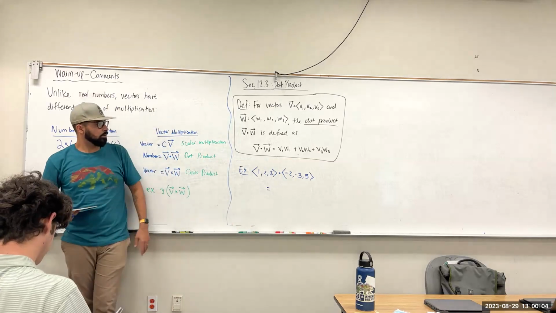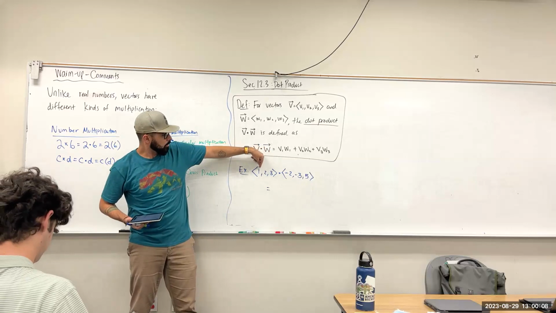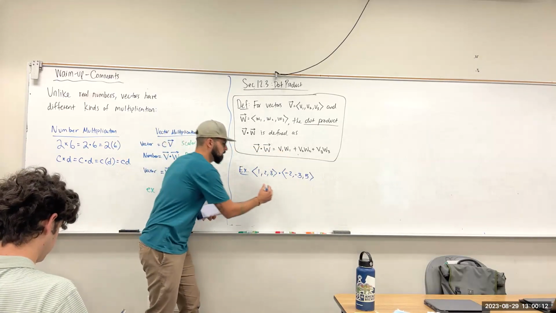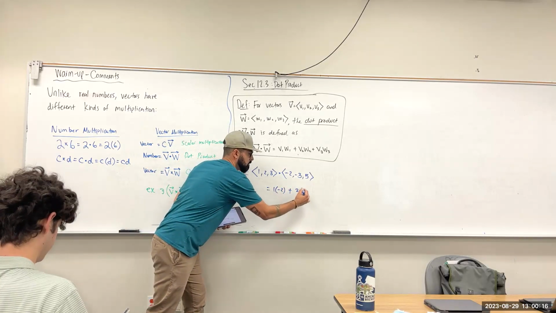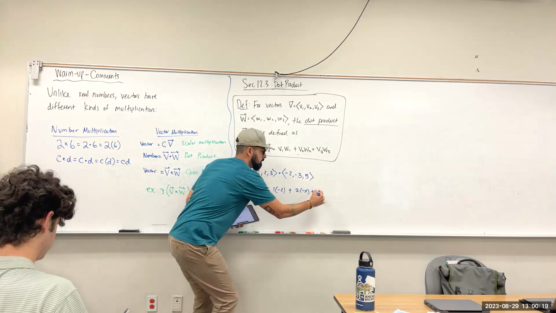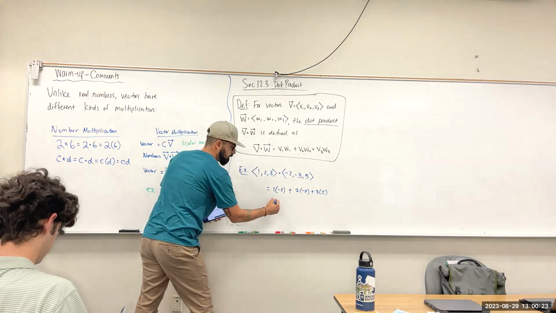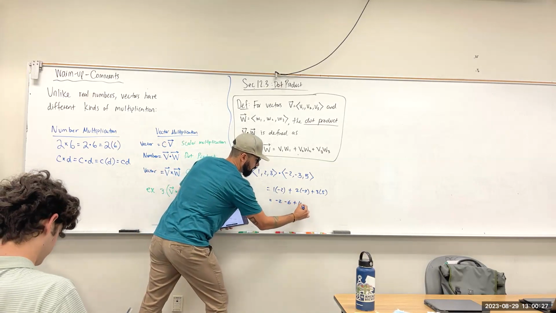And so this tells us that when I take the dot product of these two vectors, I multiply the first component with the first component of the second vector. So it's 1 times -2 plus 2 times -3 plus 3 times 5, which is going to give you -2 minus 6 plus 15.